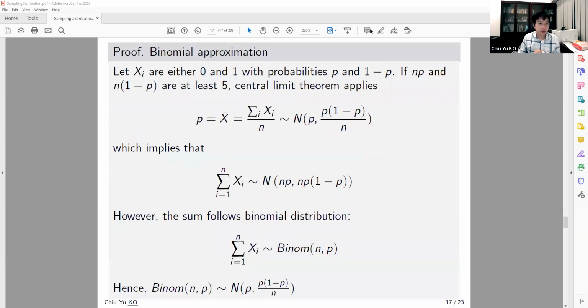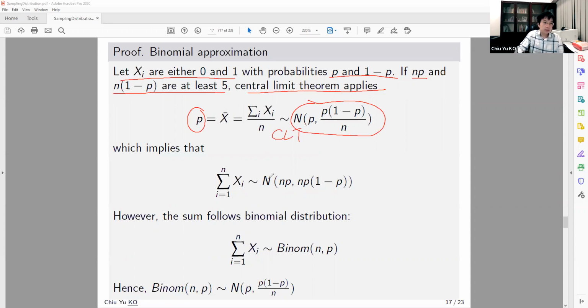The proof is actually rather simple. If x is either 0 or 1, it's binomial, and np and n(1 minus p) are bigger than 5, the central limit theorem applies. The sample proportion follows this.